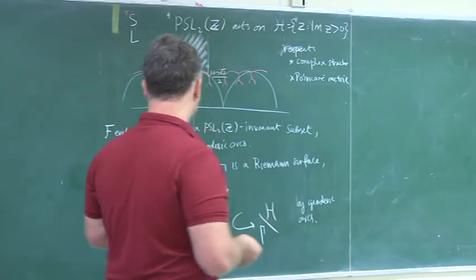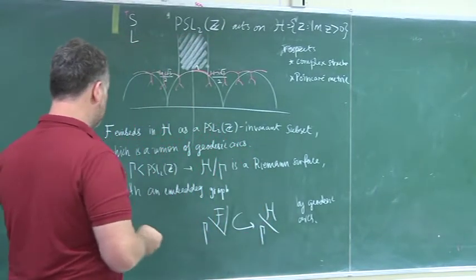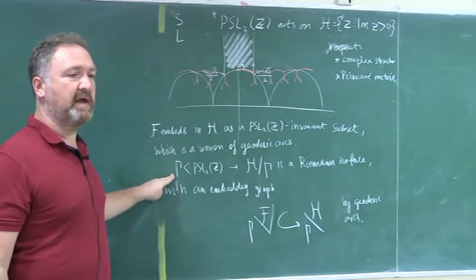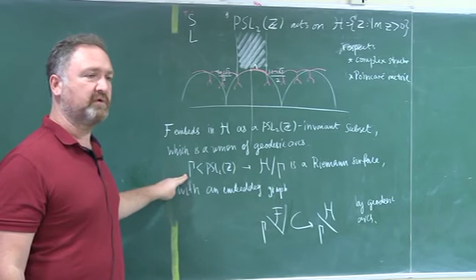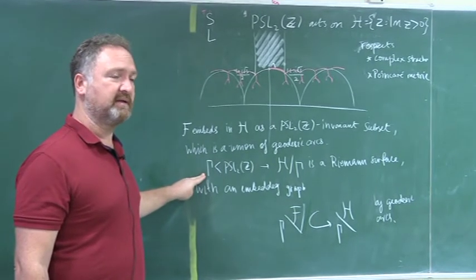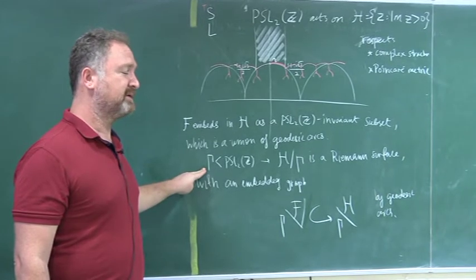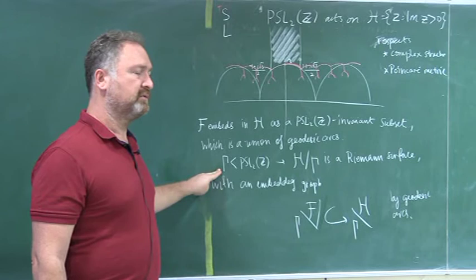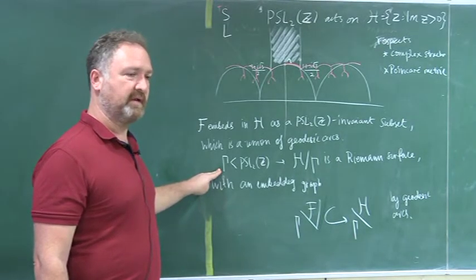I said that gamma must be torsion-free, but we can extend this correspondence if we admit objects called orbifolds, to subgroups with torsion as well.